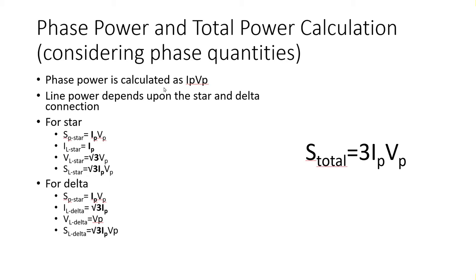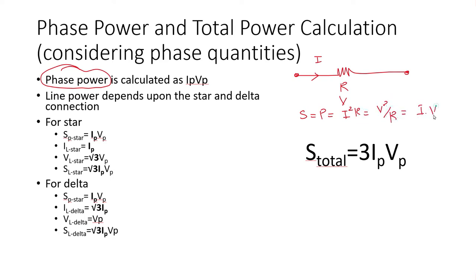If we want to calculate the power of a single phase, let's say this is a resistor R, and the current flowing through this resistor is I, and the voltage across this resistor is V. So the total power S, which is equal to P, will be equal to I square R, or V square by R, or I into V.